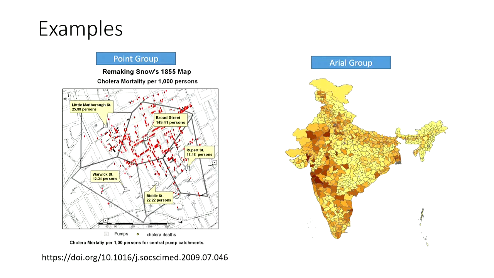as a point. So over here, each point is actually an event on which the measurement has been carried out. On the right side, the areal data, we have areal boundaries, or in GIS terms we call them simple polygons, and within those polygons we may have some aggregated values.